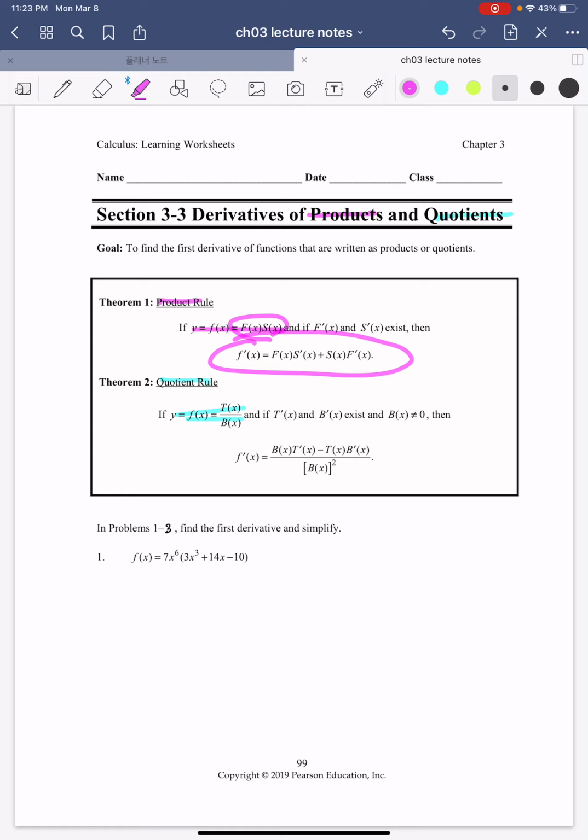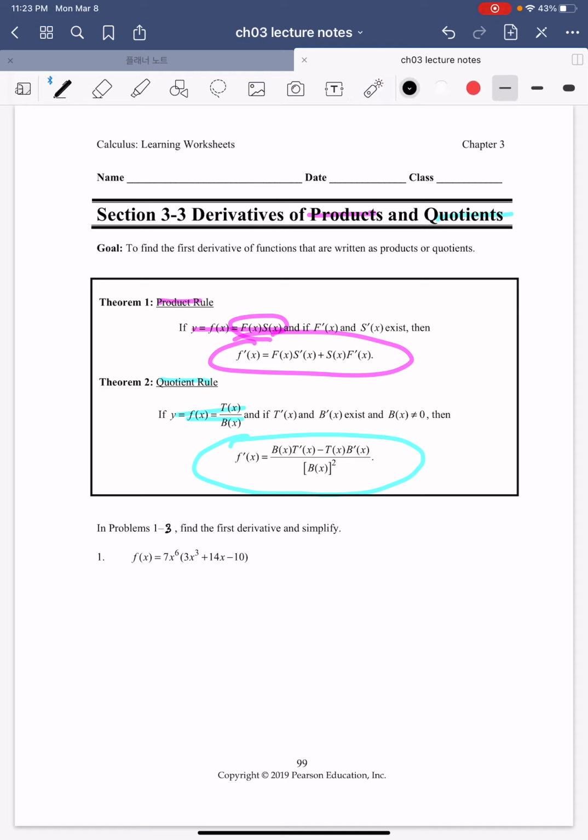Now the quotient rule looks a little bit more complicated. So you have this numerator and the denominator. And if you take the derivative, you're going to have the bottom one times the derivative of the top one, minus the top one times the derivative of the bottom one. So this looks very similar to my product rule numerator, except instead of plus, you have a minus, all over the bottom squared.